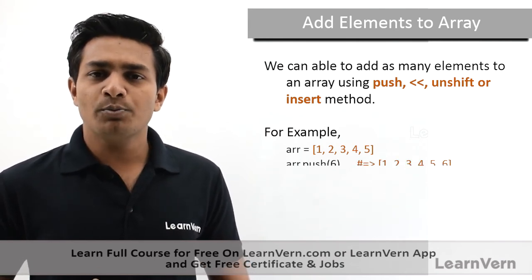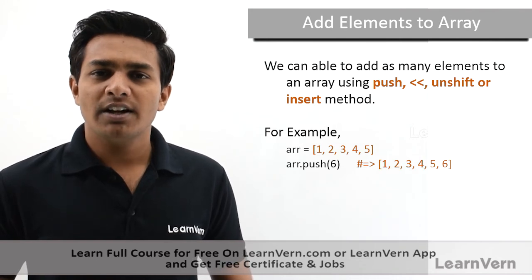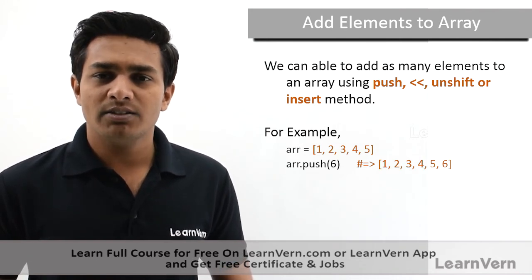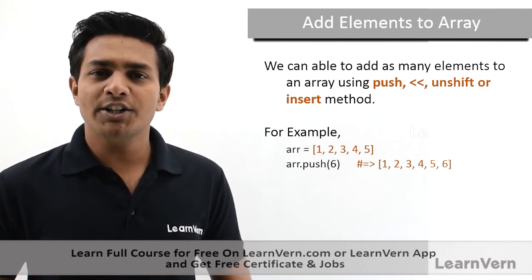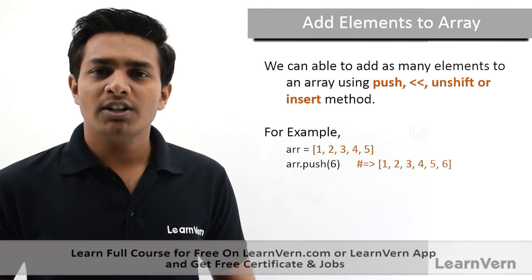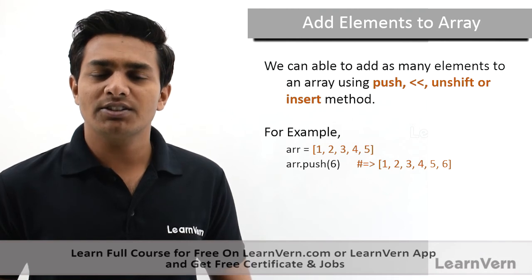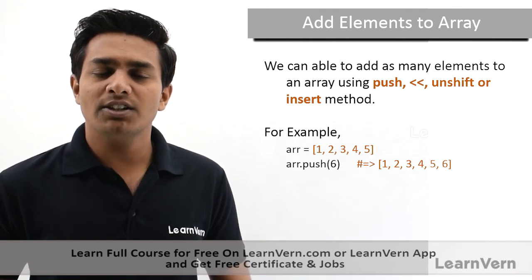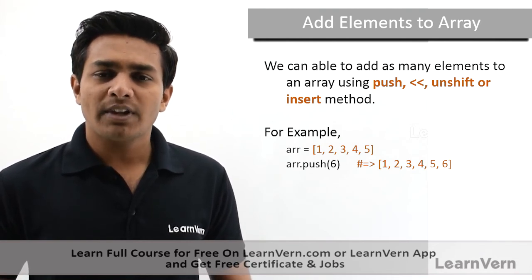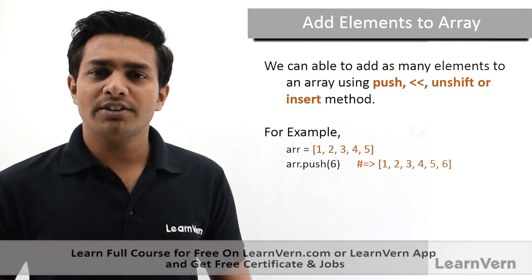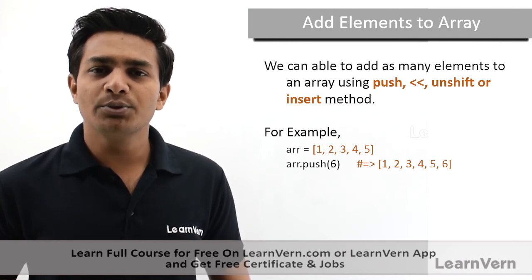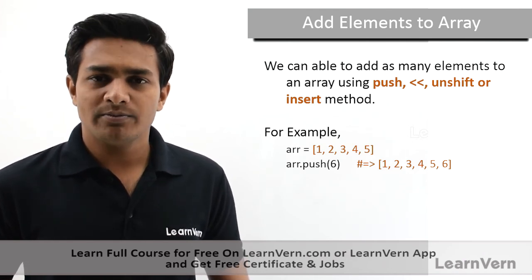Now I want to push a new value 6 at the end of my array. So what I need to do is I need to write my variable name dot method, that is push, and it will take one argument, that is 6. Here I want to add 6 to my array, and that will insert a 6 element to end of my array.